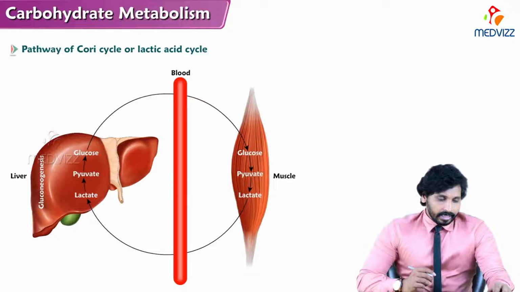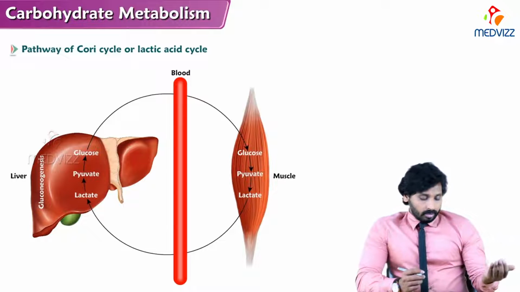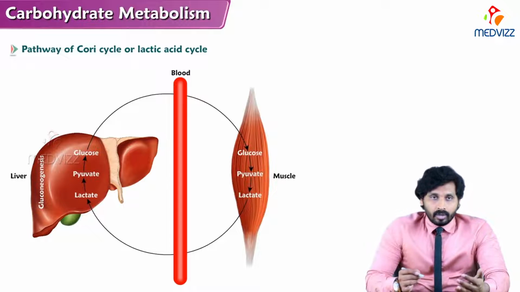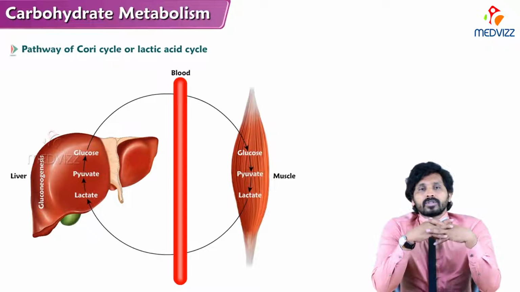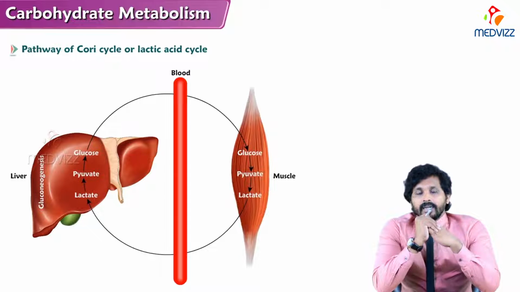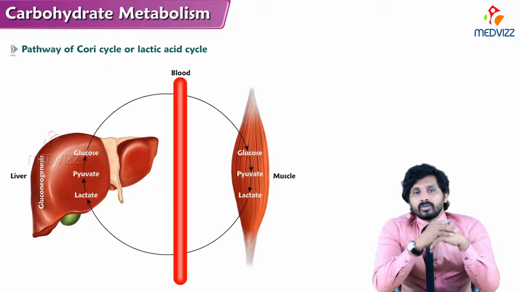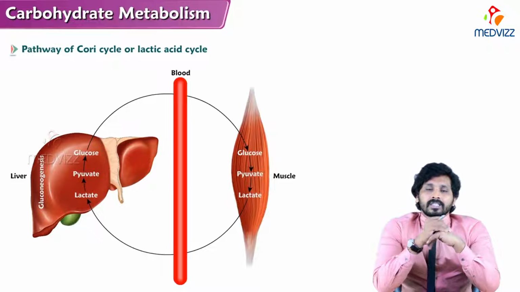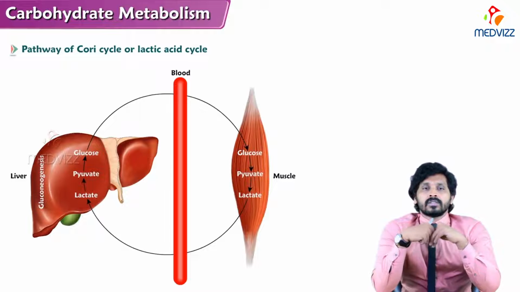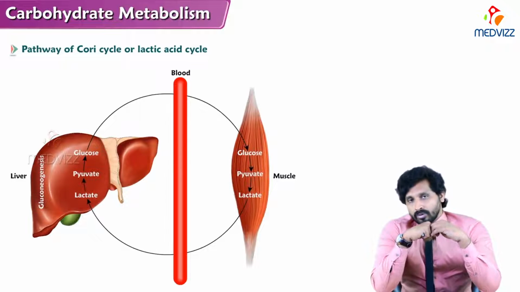So the next thing is how you get one of the substrates in gluconeogenesis, that is lactic acid. Lactic acid is mainly produced in skeletal muscles. Unlike the liver, in skeletal muscles glycolysis happens continuously, because muscles contract continuously, so they need continuous energy and glycolysis need not stop.